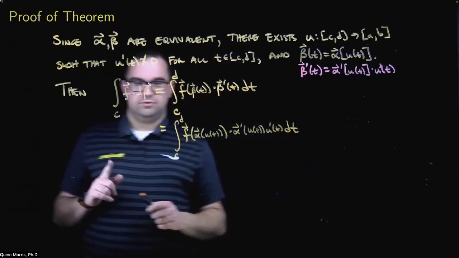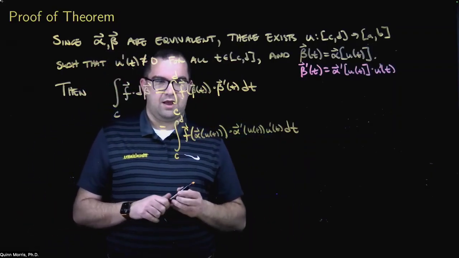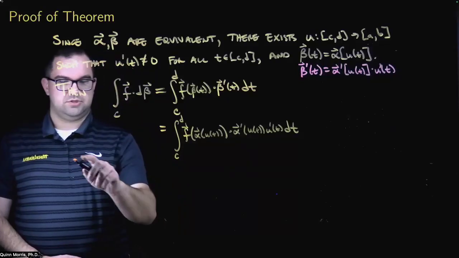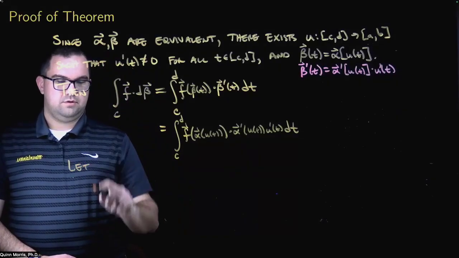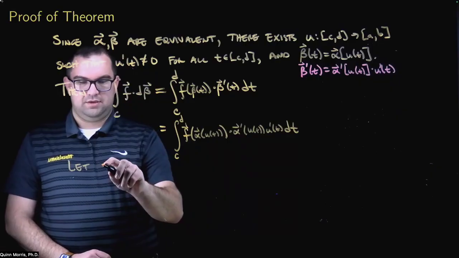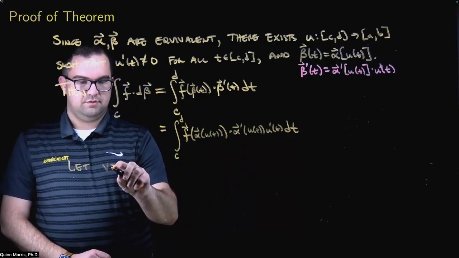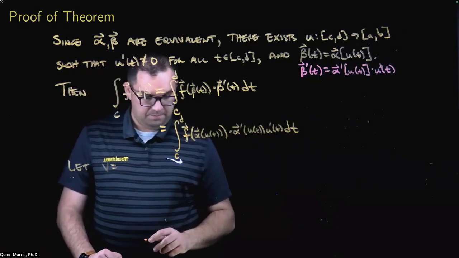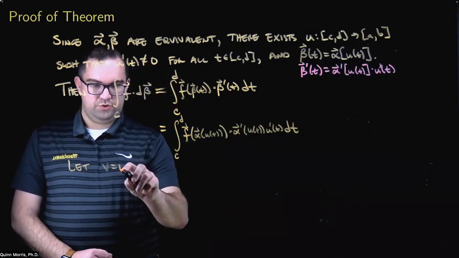Now I'm going to use one of the favorite tricks from calculus, which is a U substitution. But I've already got U, so let me call this V. So I'm going to let V be equal to U of t.